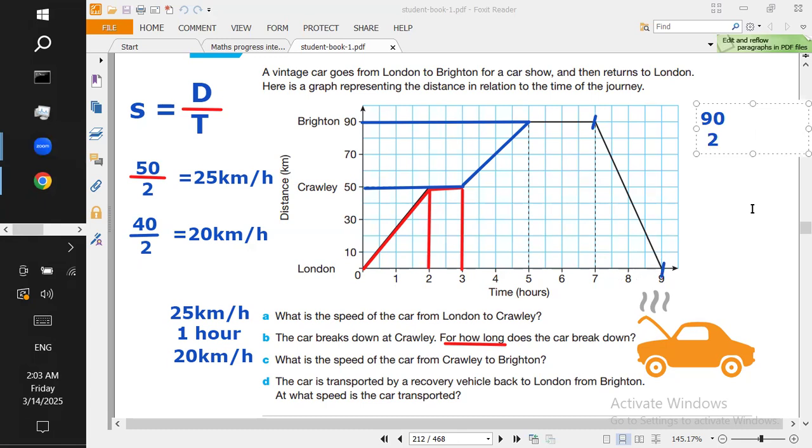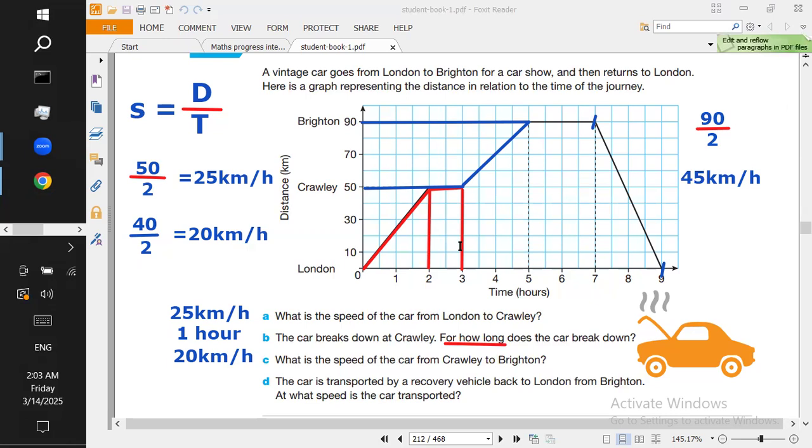So we divide it by 2. So 90 divided by 2 will give me the speed of the car that was transported here. So 90 divided by 2 equals, very good, 45 kilometers per hour. And that's the idea of solving problems that involve distance time graphs.